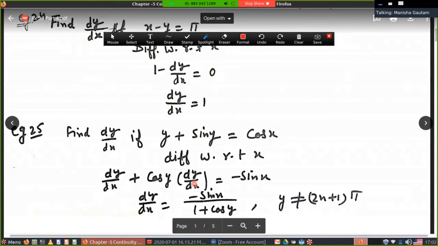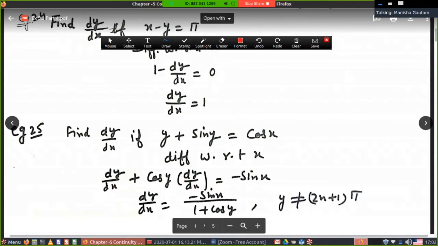Now collect the terms of dy/dx. Here, taking dy/dx common from the first and second terms, you get dy/dx times 1 plus cos y, equal to minus sine x as it is.